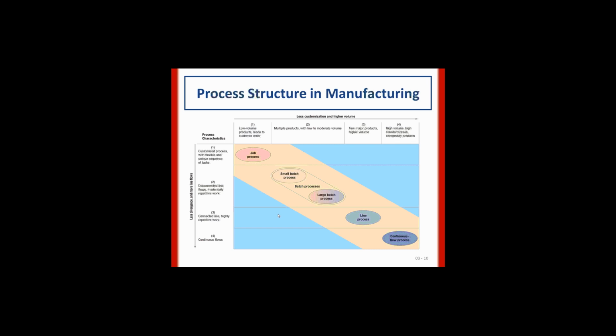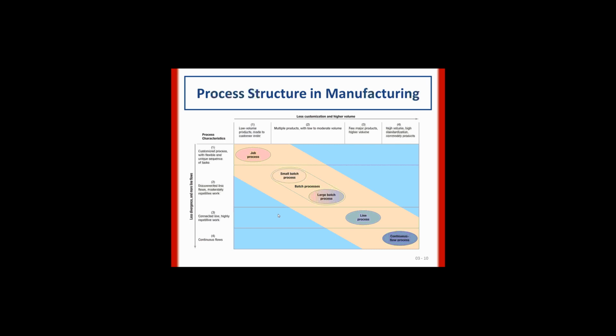The process that have high volume will be a line and continuous flow. The process that have low volume can be job and small batch process. The degree of customization will also high on the left and low on the right.